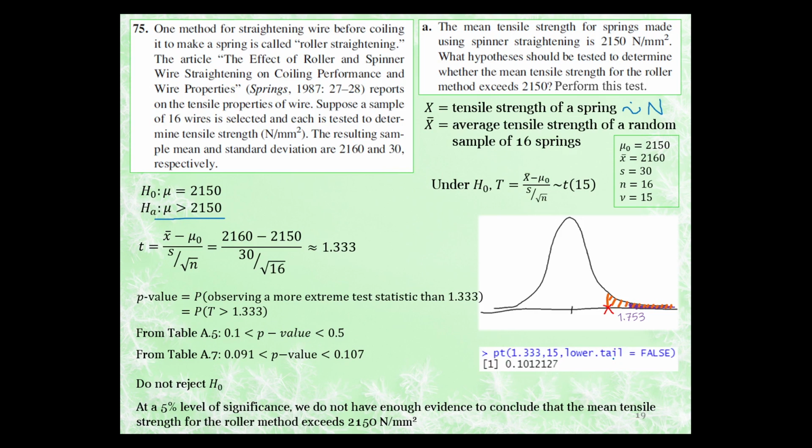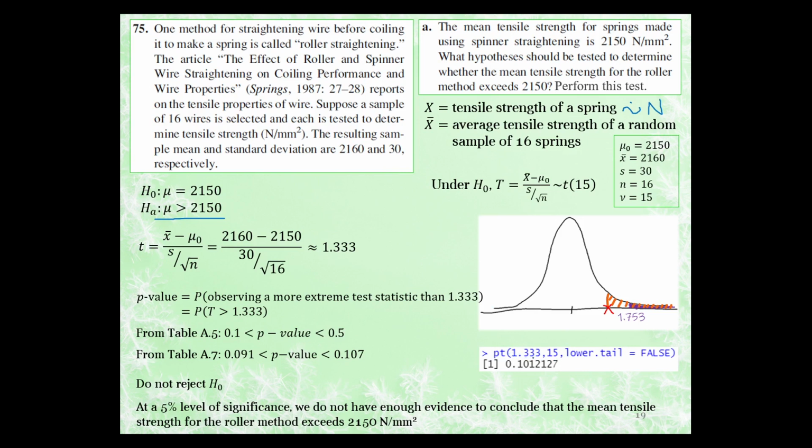What I've input here is just my test statistic, so that's my 1.333, and we could get it even more accurately if we didn't use this rounded value. So in R, there's no reason to type in the rounded value. I would suggest that you rather type in your entire formula and assign that entire test statistic value into a variable, and then you just plug that variable in here.